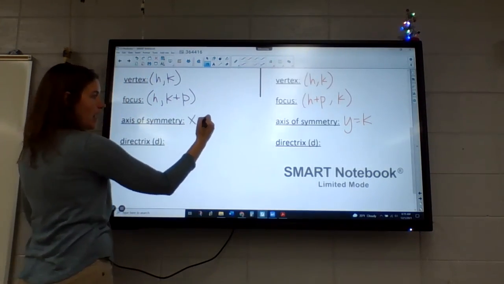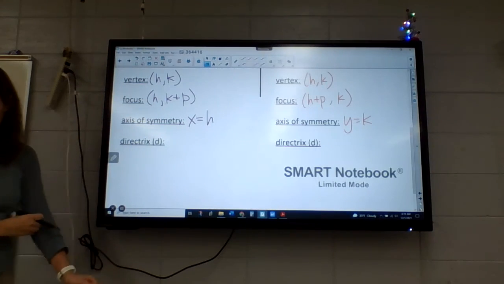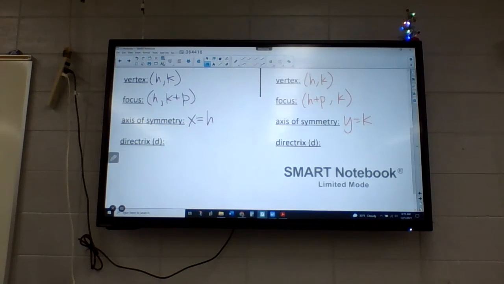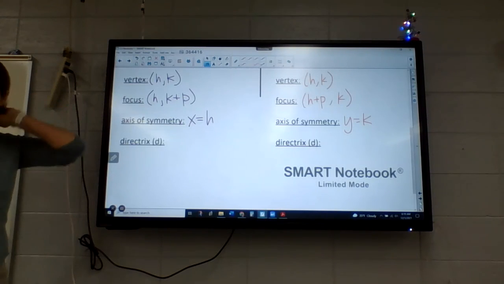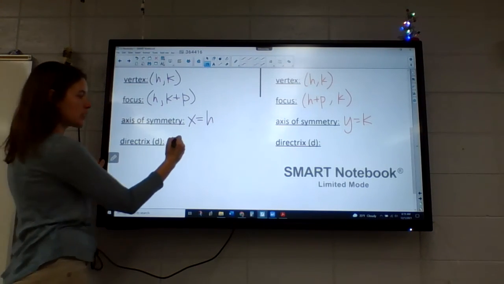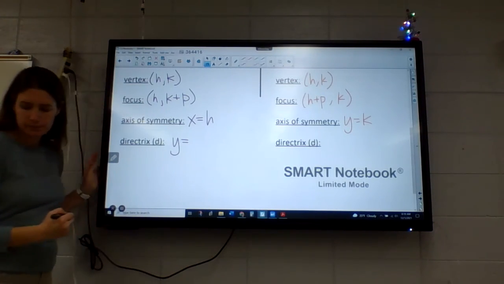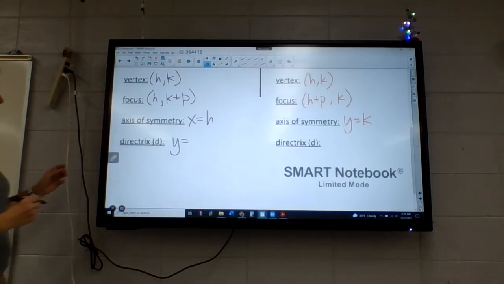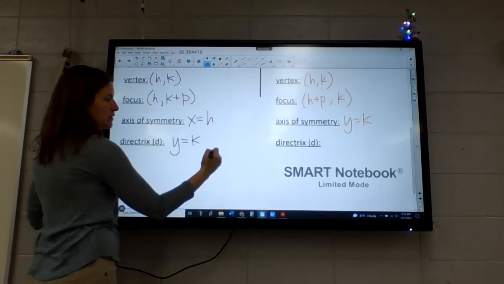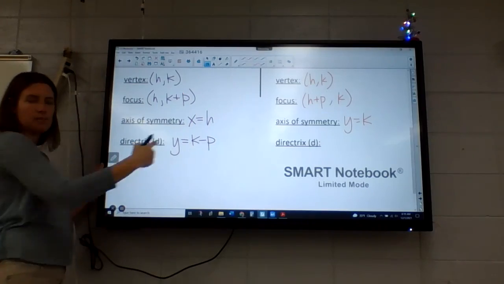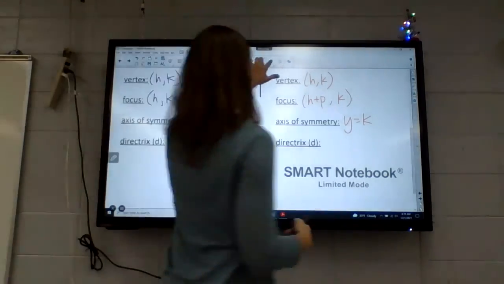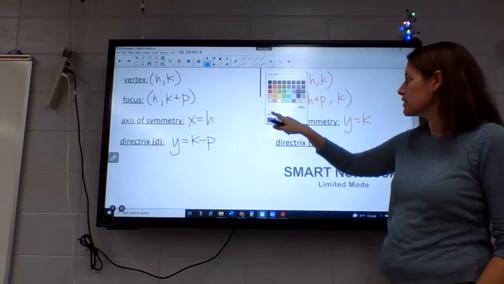And this one's going to be x equals h over here. And then finally the directrix is going to be k minus p. So we do k plus p up here, k minus p down here. Again, thank goodness for a note card.